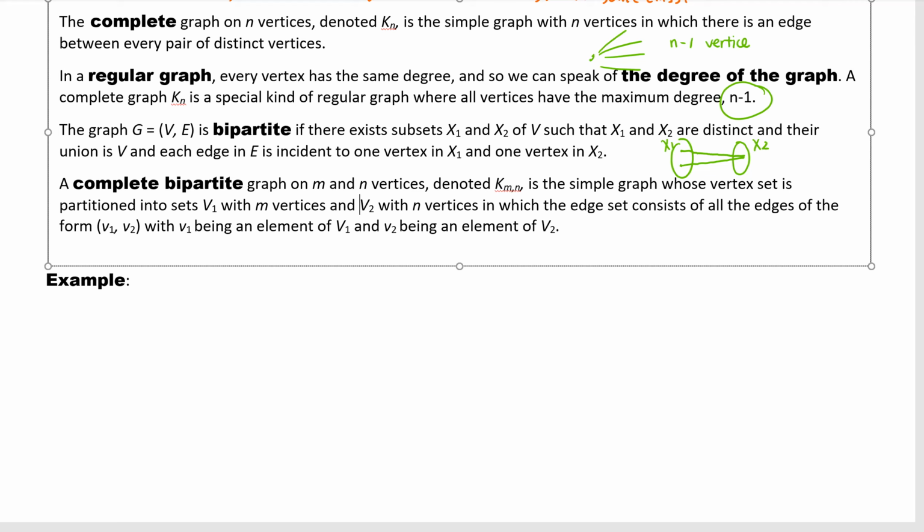Let me draw some examples so you can see the difference between bipartite and complete bipartite.